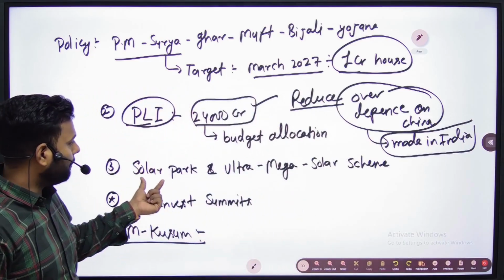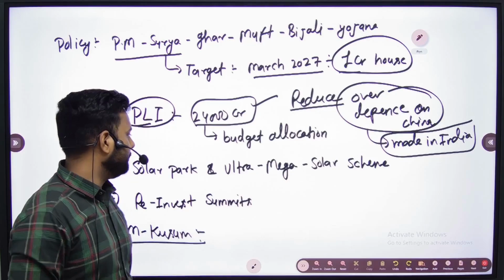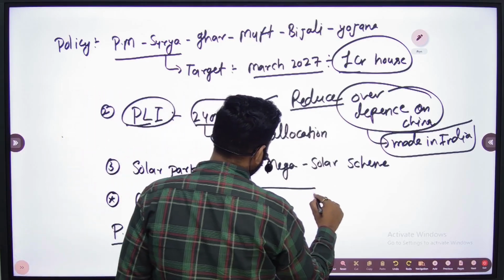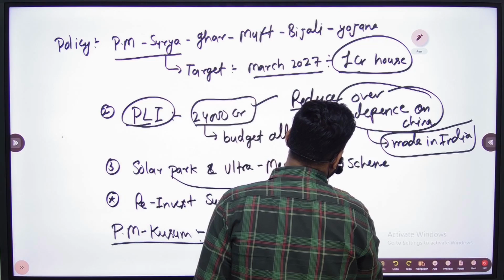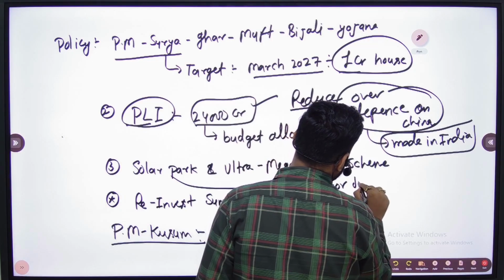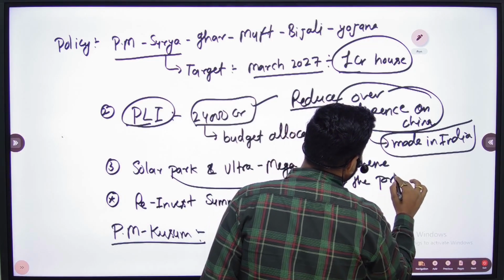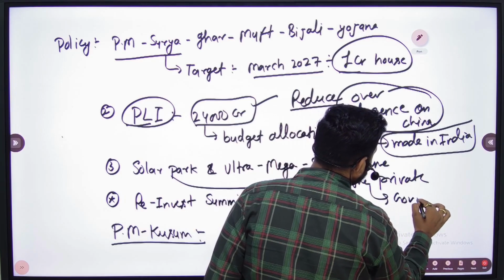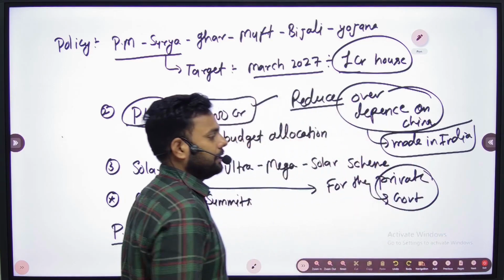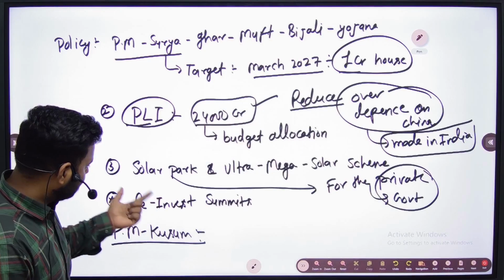Next, solar parks and ultra mega solar schemes. We also launched solar parks and ultra mega solar schemes for the private as well as the government sites, private side भी as well as government side.